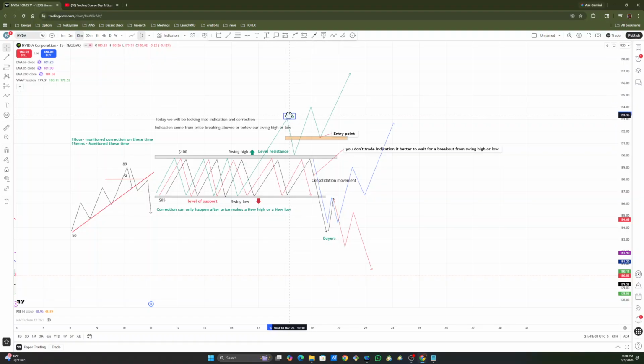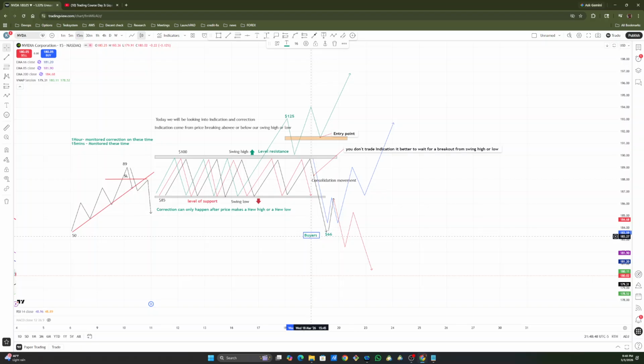Then in this level of support, the price could be something around, this is the new low, let's say $66 in price, you know.